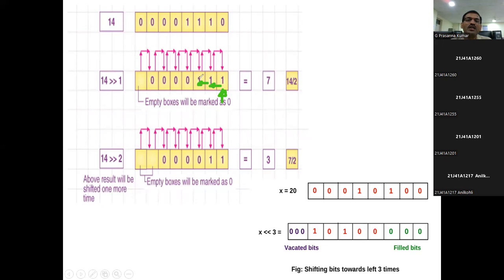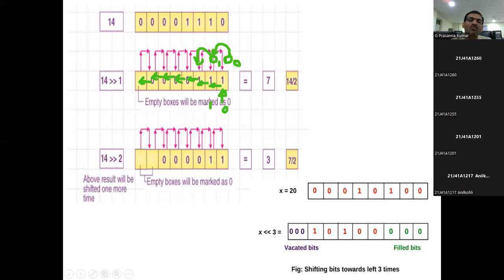It is simply shifting the bit positions: the D0 bit occupies the position of D1, and D1 occupies the position of D2. The empty position is filled with 0.